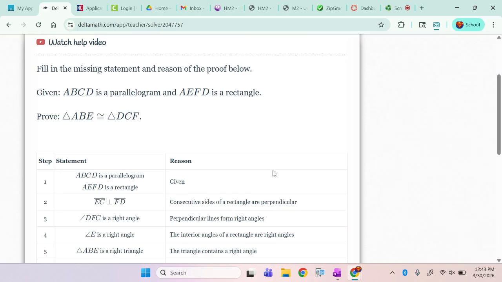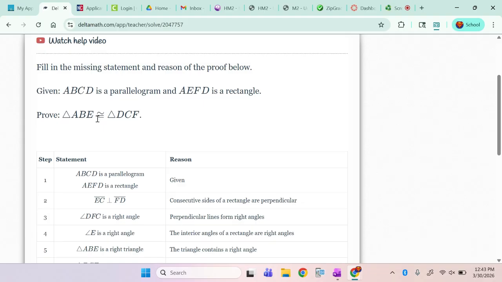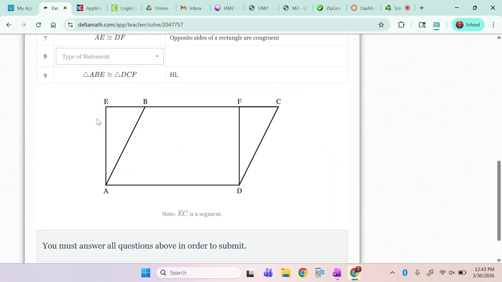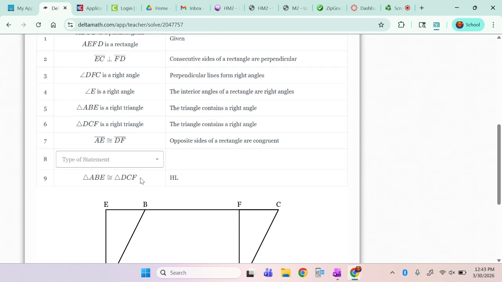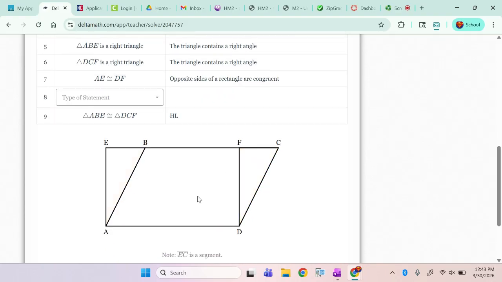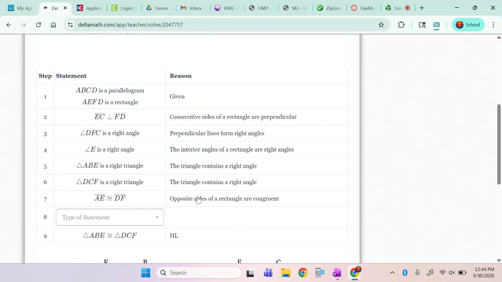So they said given ABCD is a parallelogram and AEFD is a rectangle, prove triangle ABE is congruent to DCF. So they already did pretty much all the work except for one statement. So we just got to go through and look to see what's missing.